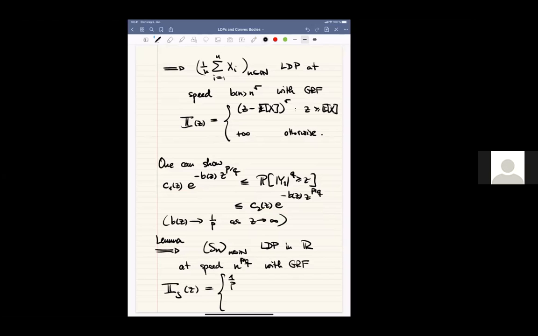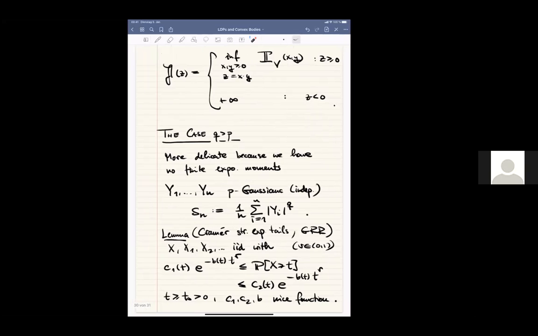I absorb this b of z, because if z tends to infinity, this tends to 1 over p, in the rate function. Z minus the qth moment of a p generalized Gaussian, to the power p over q, if z is larger than mp of q, where this is the qth moment of a p generalized Gaussian, and plus infinity otherwise. So we have an LDP for Sn.